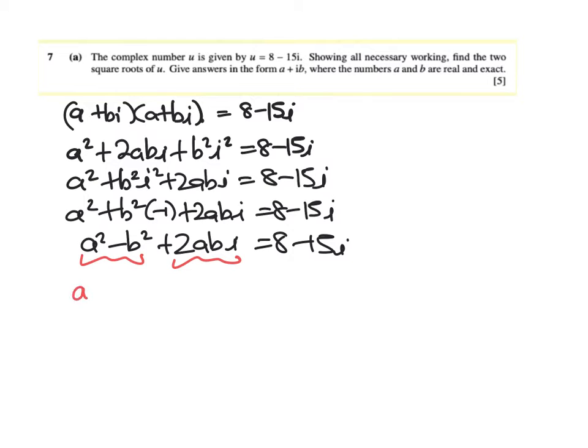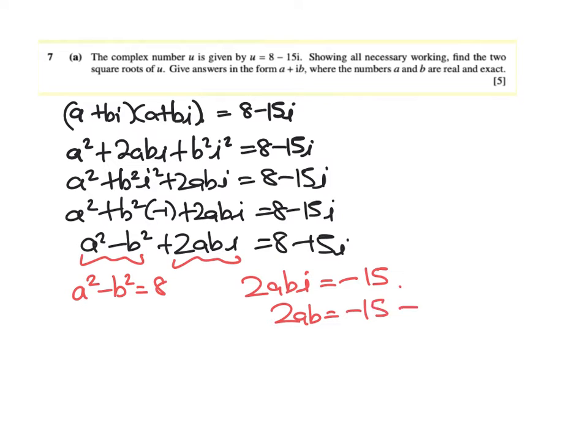So I'm going to equate a square minus b square with 8, and then I'm going to equate 2ab with -15. I can discard the i, so 2ab equals -15. So this is number 2, this is number 1. Now let's solve both of them.